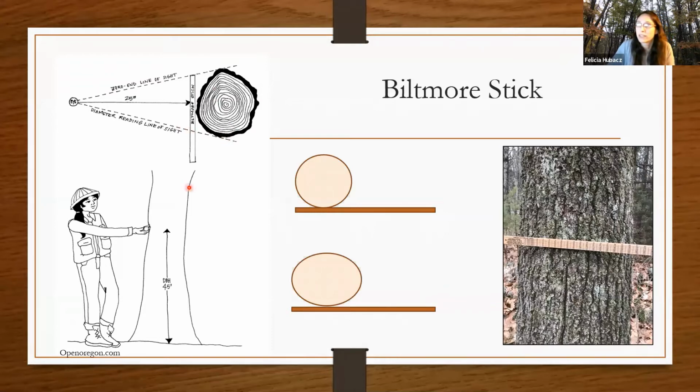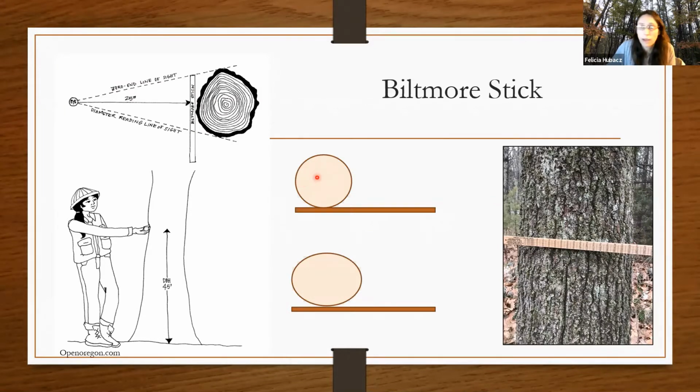Lots of ways to mess this up. As you can see, this picture right here, this is an incorrect measurement because the stick goes beyond the trunk. You want the stick to be completely flat, and then you can read over here. The other thing you want to be aware of when using a Biltmore stick is not all trees are perfectly round.